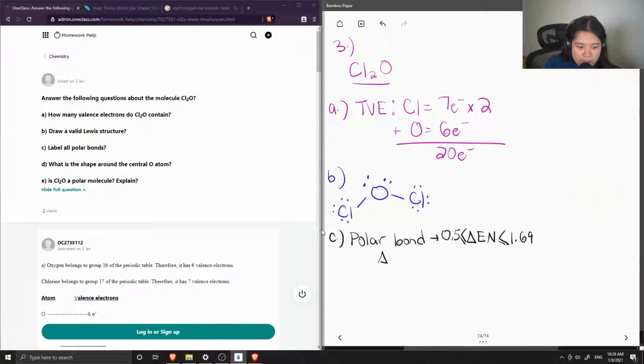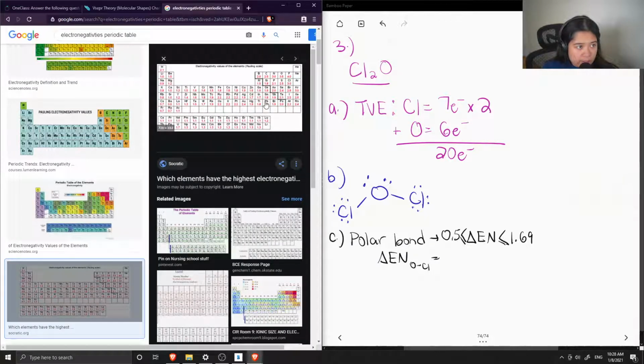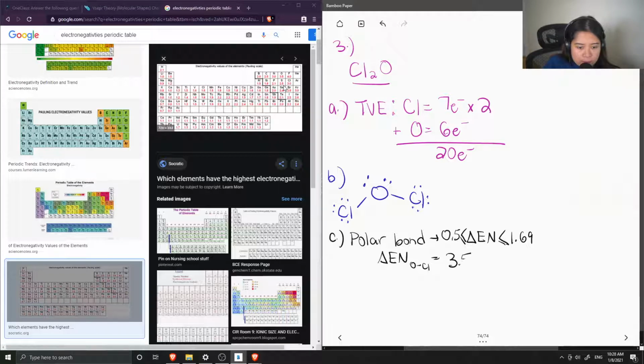Now let's calculate the electronegativity difference of an oxygen and chlorine bond. Let's find their electronegativities, and we'll see oxygen is 3.5 and chlorine is 3.0. So the difference is 0.5. Therefore we have a polar bond.